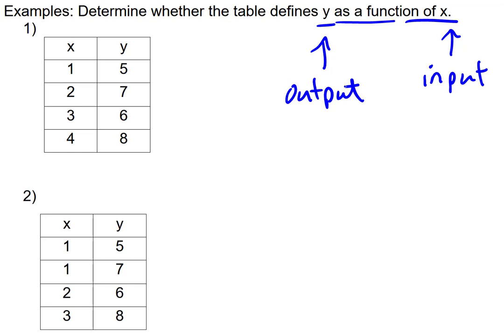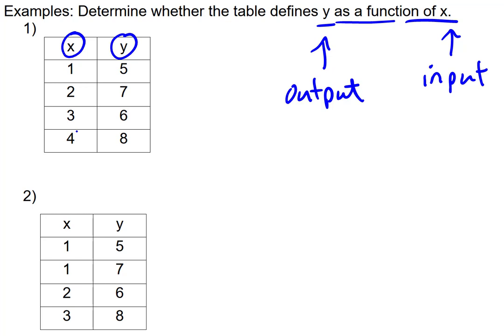And it's essential to know which is which to understand if something is representing a function or not based on the definition. In our first example, we contain a table with an x column and a y column, in other words, input and output columns. The x column down vertically reads 1, 2, 3, 4, and the y column down vertically reads 5, 7, 6, 8. We're wondering, does this meet the definition of a function we defined above?